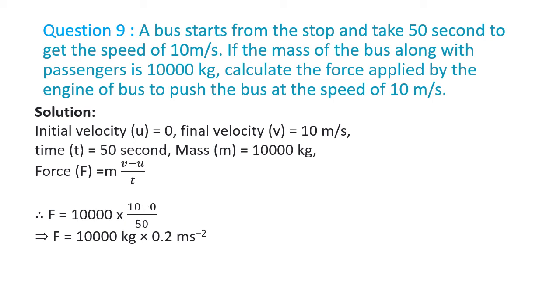So 10 minus 0 is 10, 10 upon 50 is 1 upon 5 or 0.2, and the mass is 10,000 kg. So 10,000 into 0.2 will give us 2000 kg meter per second square or 2000 Newton. So the bus has to apply 2000 Newton force to take it from 0 meter per second to 10 meter per second in 50 seconds. So the force applied by the engine of the bus is 2000 Newton.